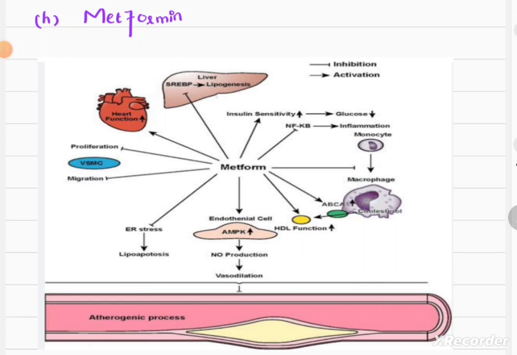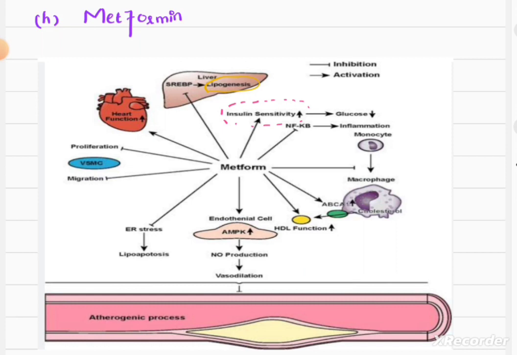In the liver, it is causing a decrease in gluconeogenesis. It is also increasing the insulin sensitivity, and it also has some other actions as well.